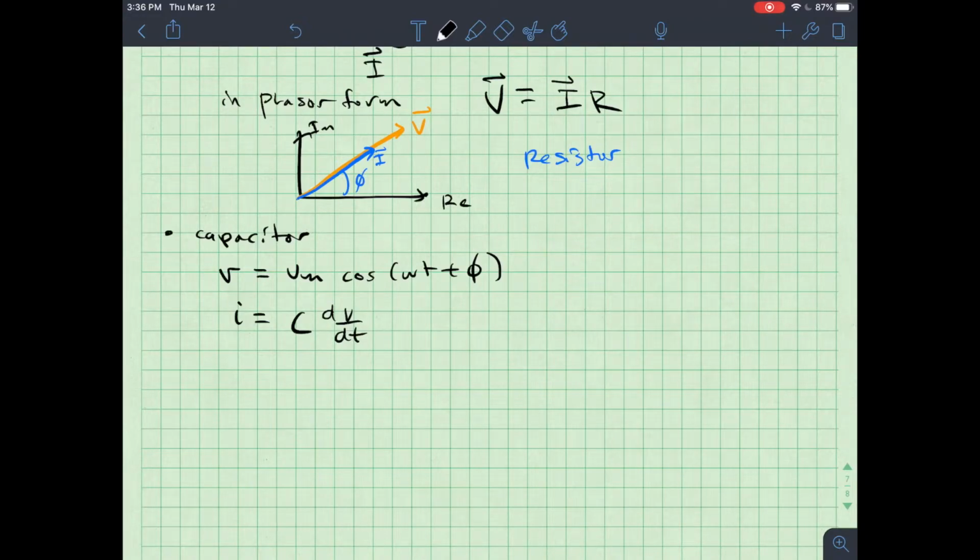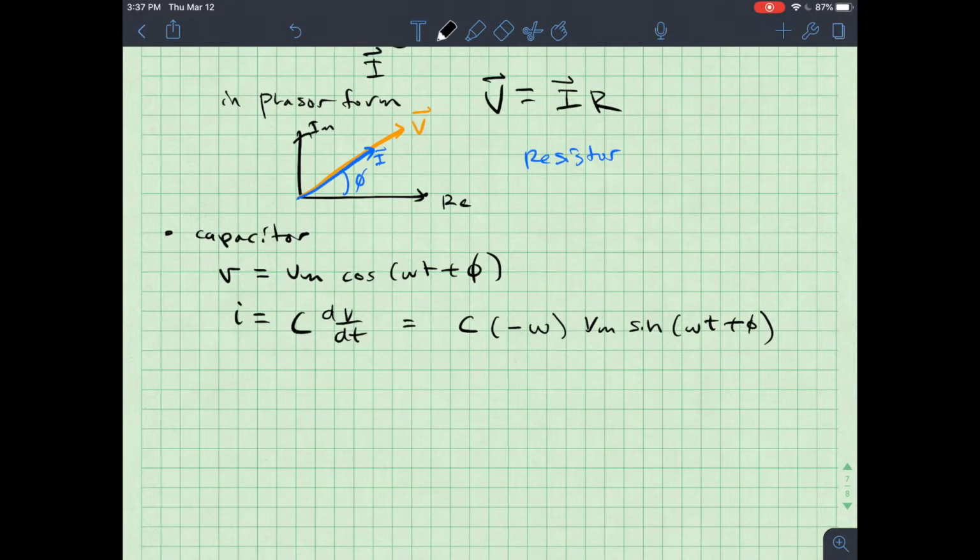So let's go ahead and take that derivative. That's equal to the capacitance times negative omega times Vm sine of omega t plus phi.